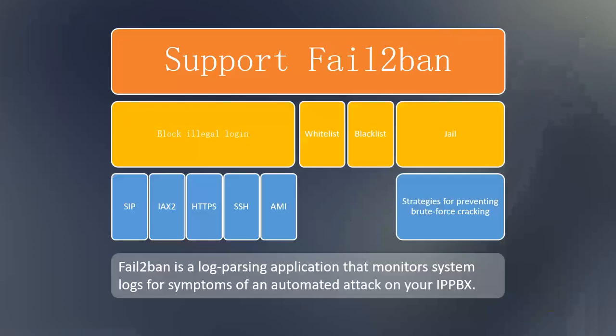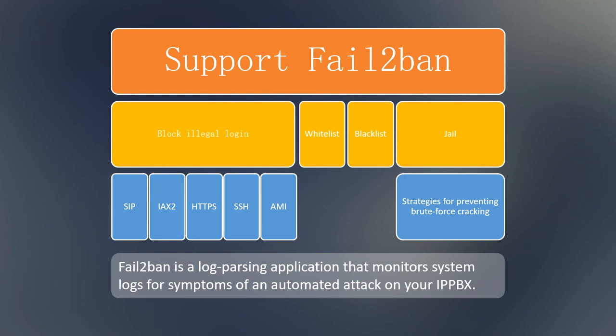In version 3.4.0 of the UC system, the function of fail2ban has been updated. Through monitoring the security log, fail2ban will shield some illegal operations according to the user's settings.